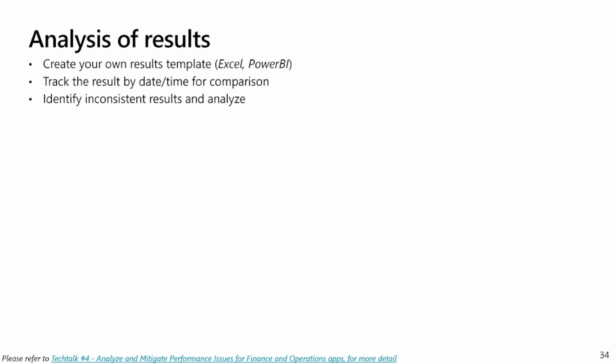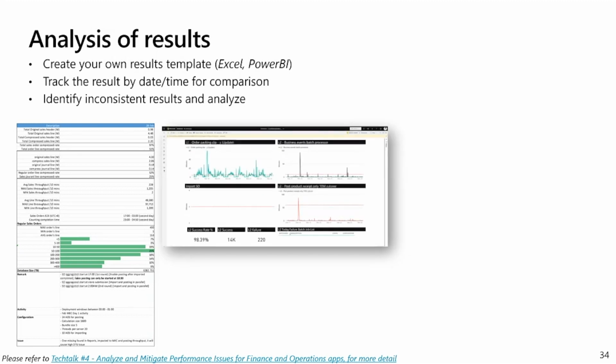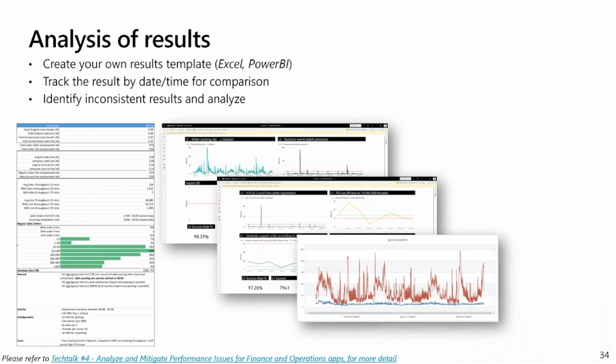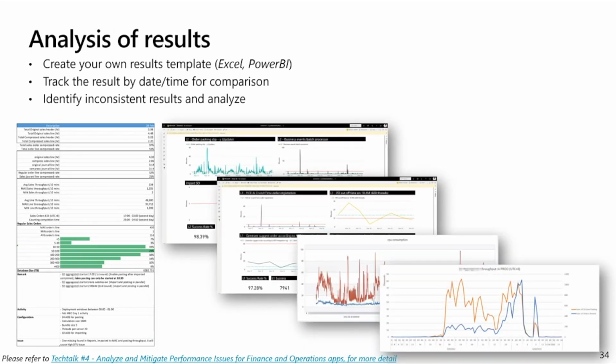The report should show how the system is running, with data to show how the performance in the system is. In my case, I have created Excel and Power BI for the testing results. I have an Excel to keep track of the testing results, for example, the performance of the sales operation, the data volume, the configuration, and the activity by day.